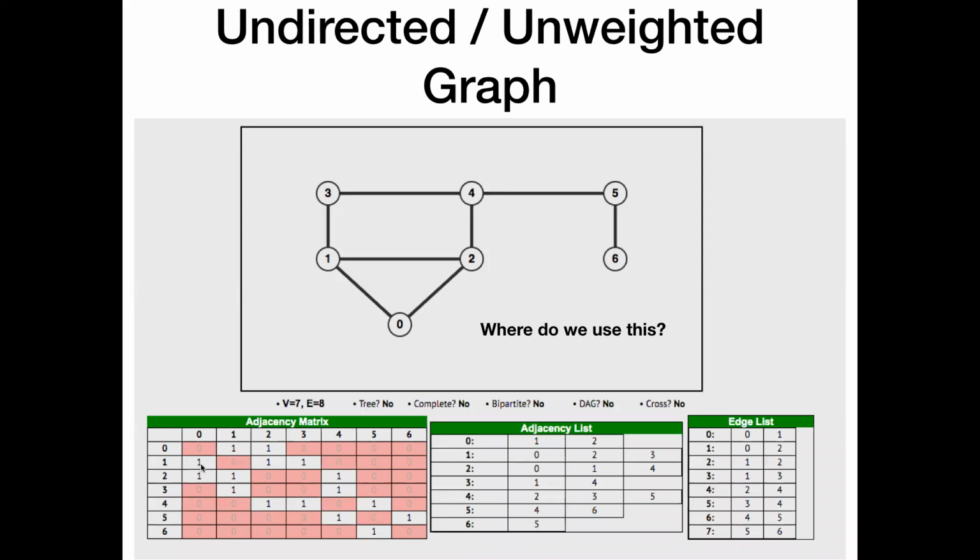You can either use an adjacency matrix, or you can use an adjacency list, depending upon the number of elements. If you have a graph where all the elements are connected to each other, it's better to use an adjacency matrix while you're going through the work. But if it is a sparse graph, in that case, it's good to use an adjacency list, right?